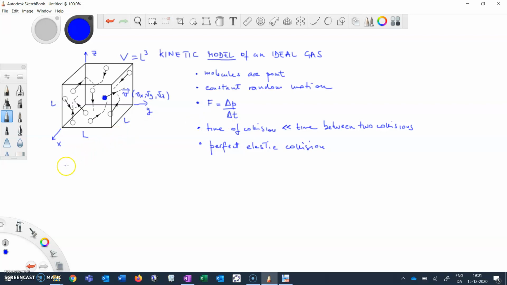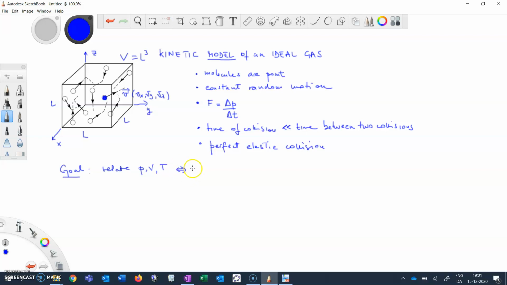So now, what is the goal? Well, the goal today is to relate the pressure, the volume, and the temperature with the properties of the single molecules composing the gas.